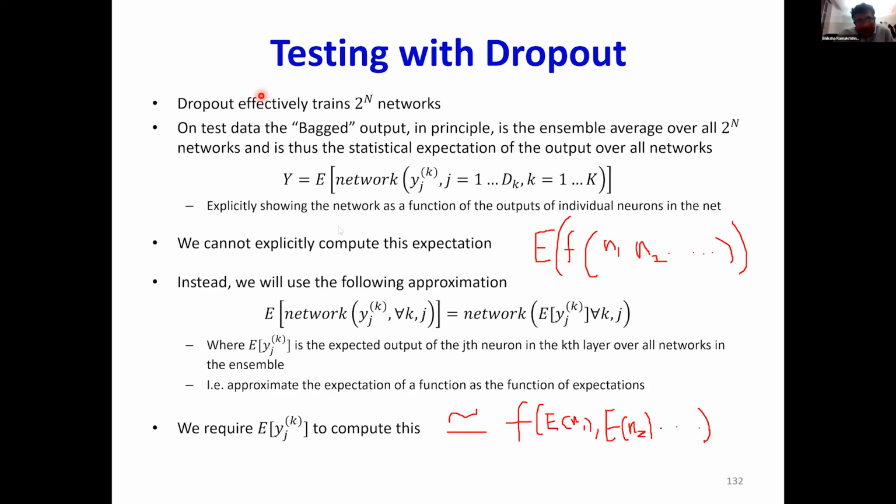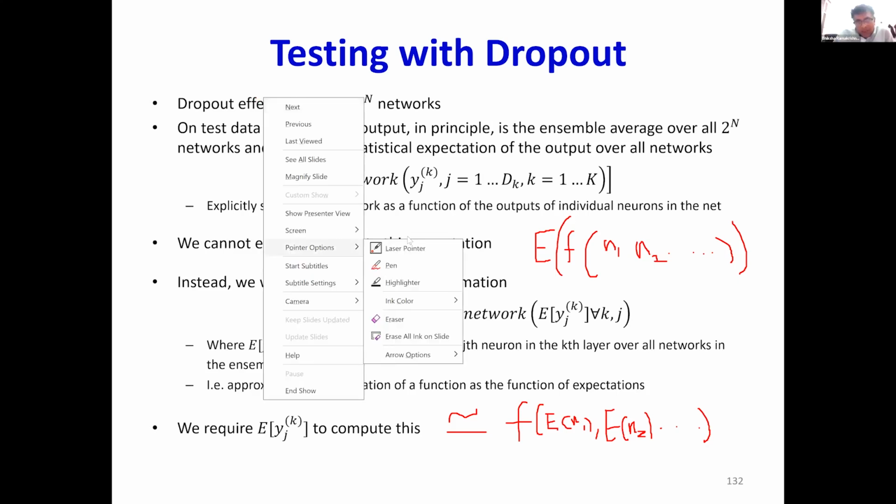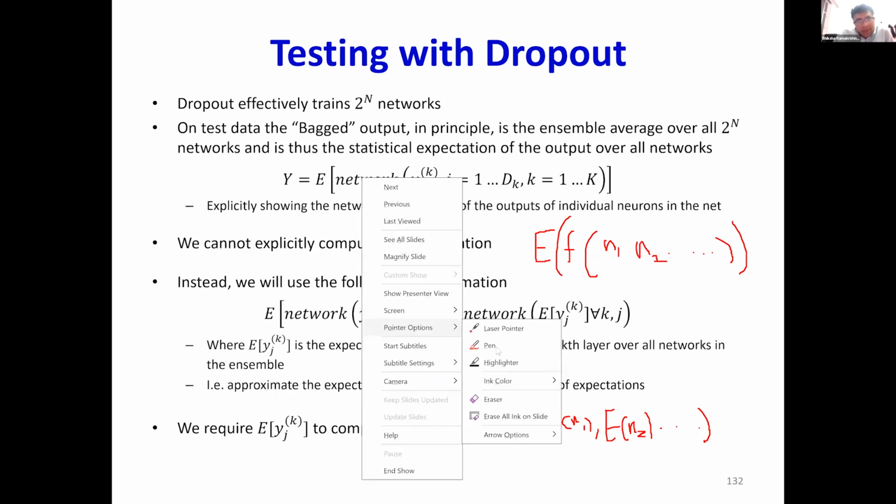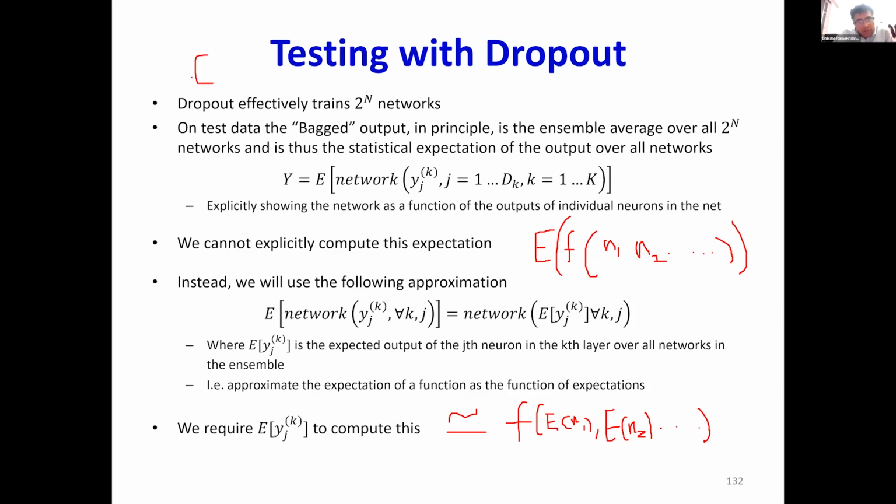In general, even for the simplest thing, the expectation, let me try to write this. The expectation of f of x is not equal to f of expectation of x.